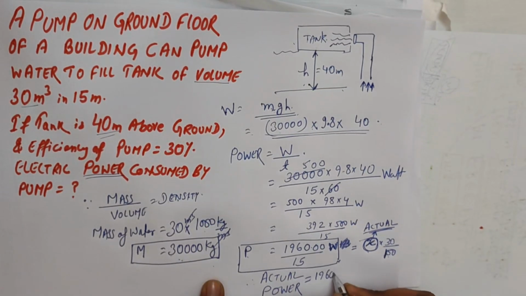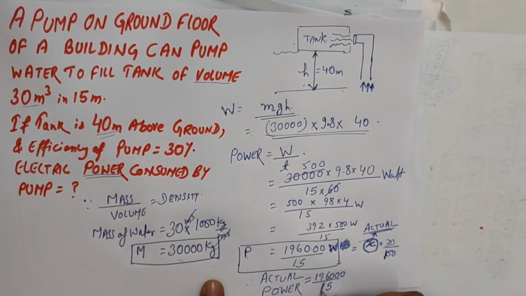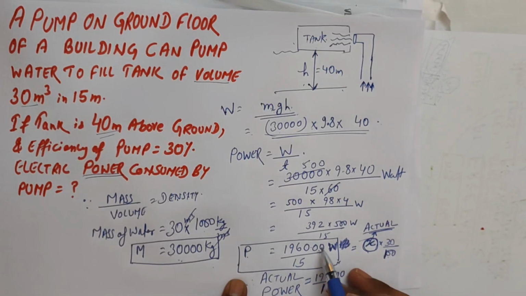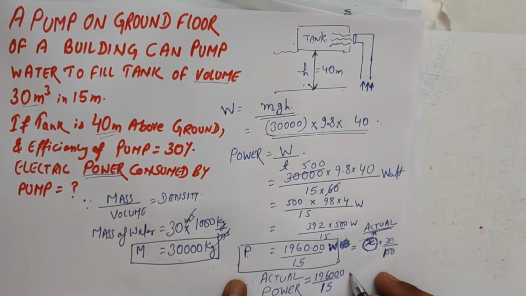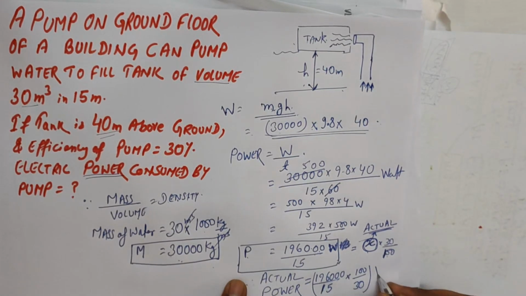So 196,000 by 15 was your total consumption as required by the pump, but here 70% is wasted, so only 30% is this much. So the actual power consumed will be, 100 will be coming into the numerator from the RHS denominator, and 30 will come into the denominator from the RHS numerator. So this will give you the total power consumption, this much watt.